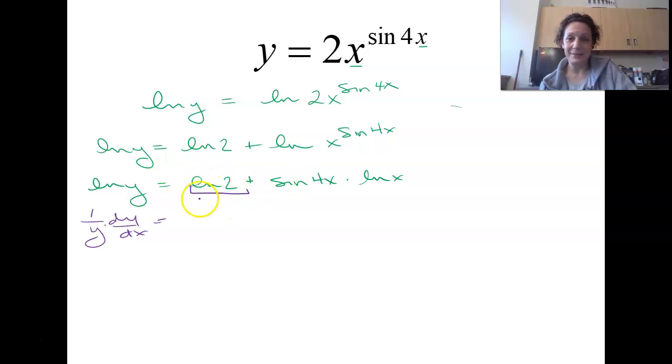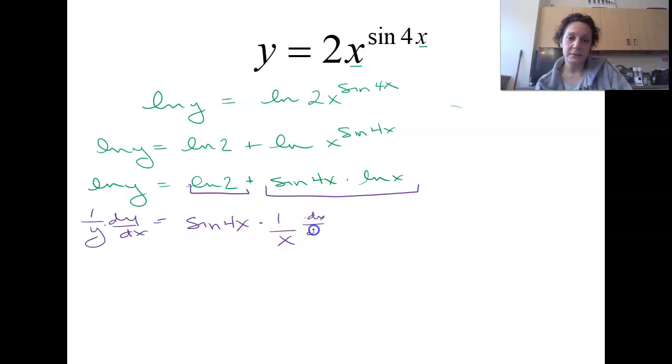It's fantastic. And then here I have a product. So let's handle it. The sine of 4x times the derivative of the natural log of x, which is 1 over x dx dx, plus the natural log of x times the derivative of sine of 4x, so cosine of 4x times 4, don't forget to chain rule, dx dx.